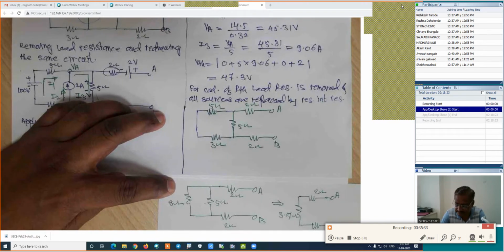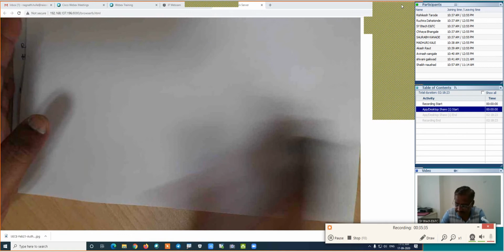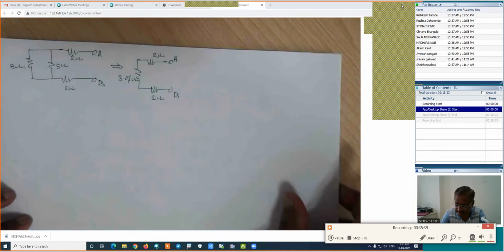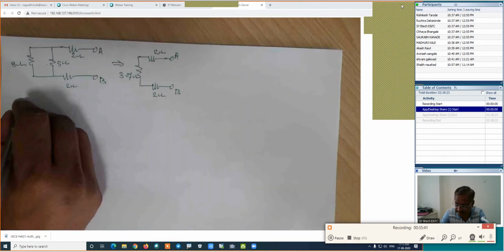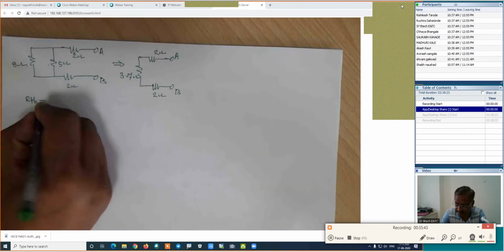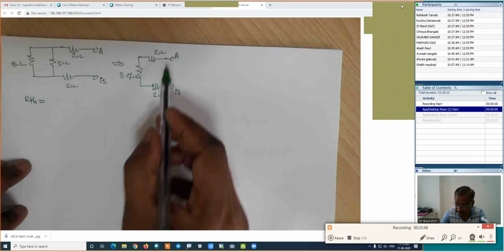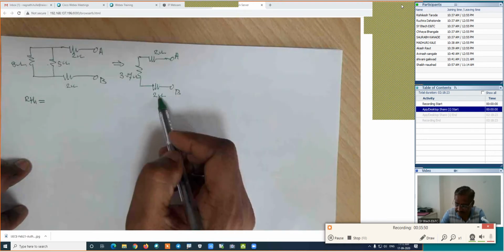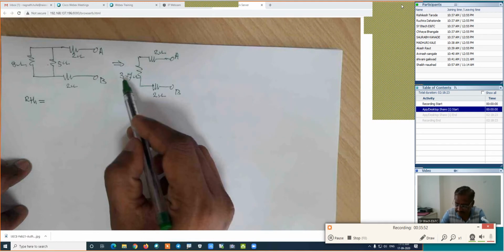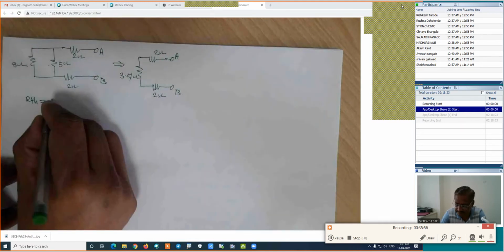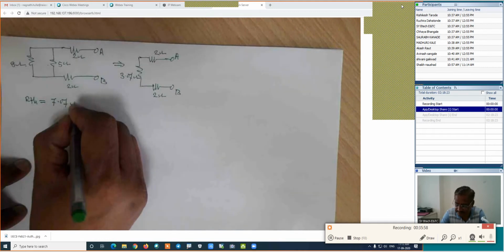If we know this value 3.07, then RTH is equal to, how much is the value? This is the series combination of all. 2 plus 2, 4 plus 3, 7. Is it right? That is 7.07 ohm is the value of RTH.